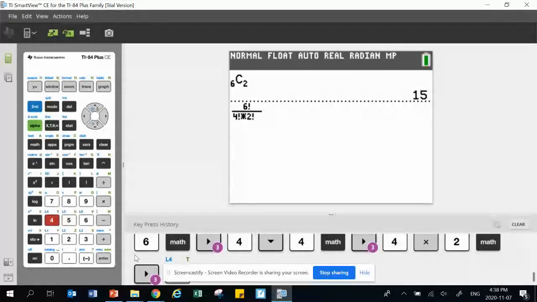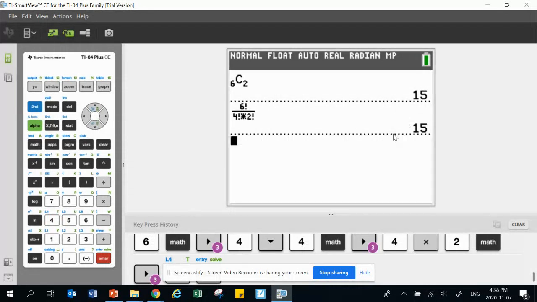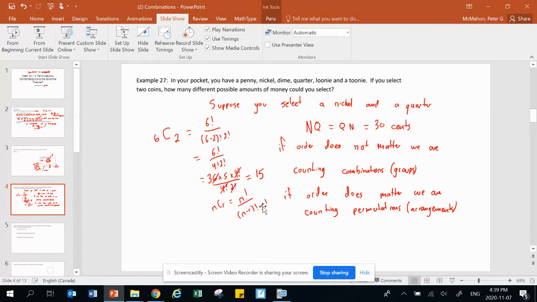So this is what this calculation is doing. And this answer is also going to be 15 over here. Okay, so this is what 6 choose 2 does, it does this calculation for us. There's a little program in your calculator that when you enter this in, it does this math for you and gives the answer of 15.